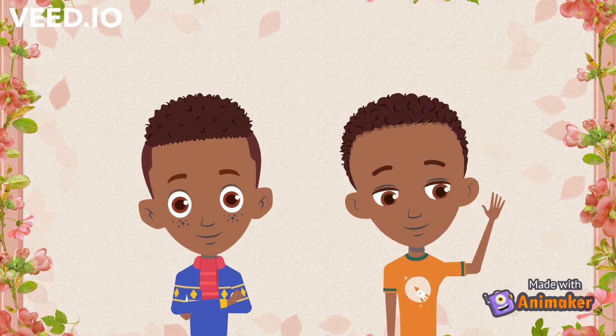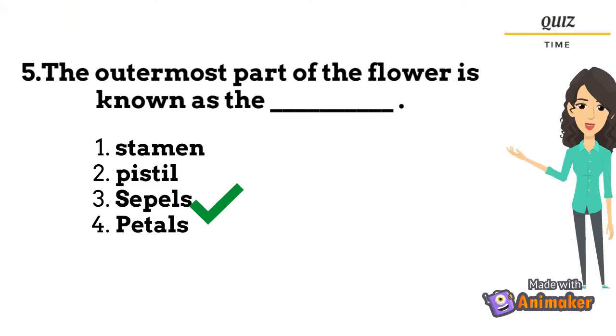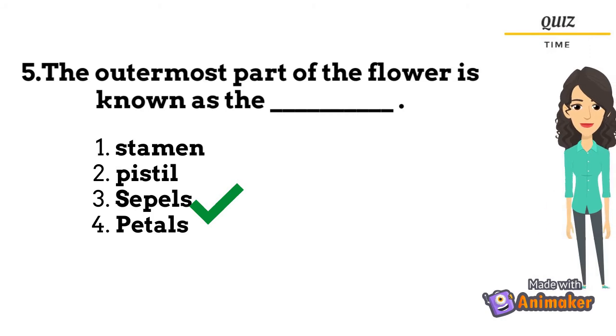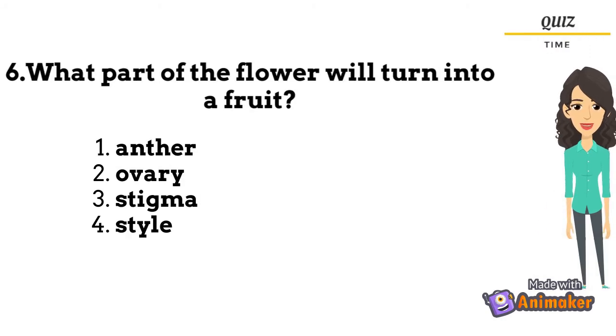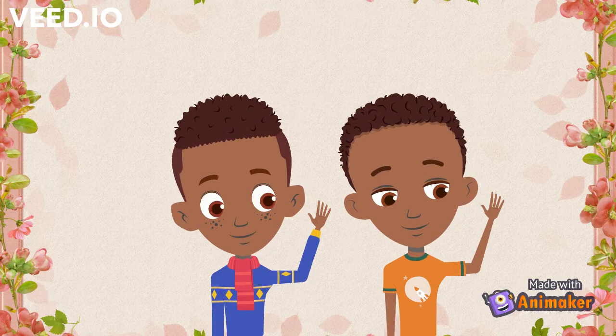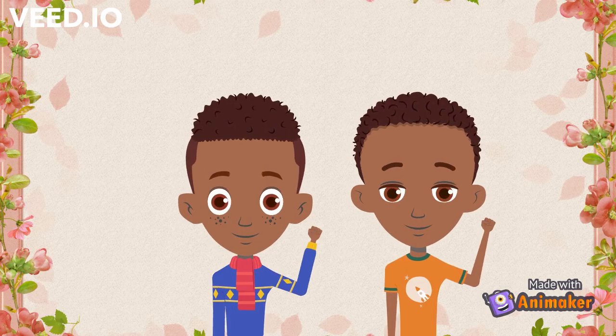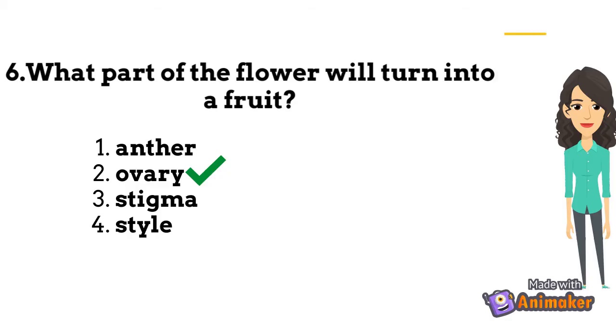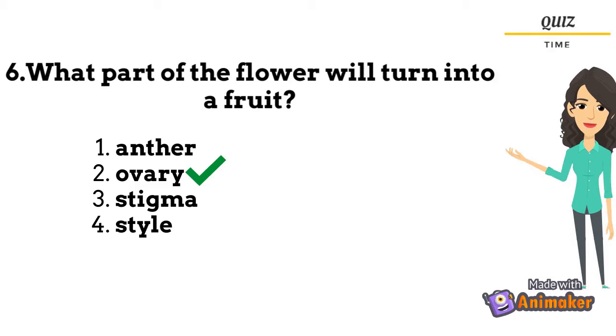Sepals. Right answer, very good. What part of the flower will turn into a fruit? The options are anther, ovary, stigma, style. I know. The answer is ovary. Ovary is the right answer.